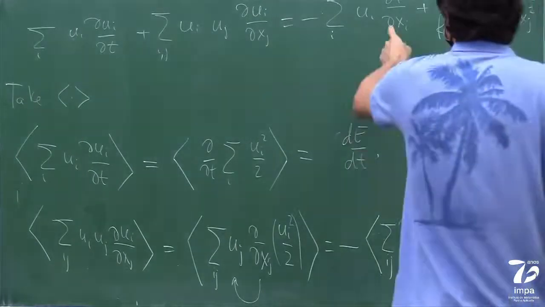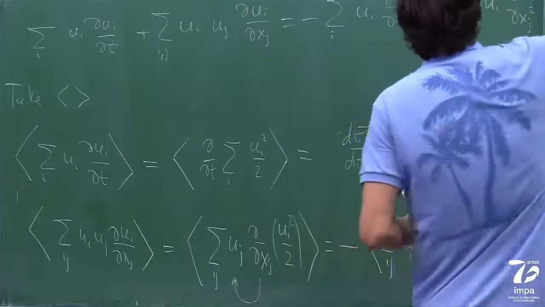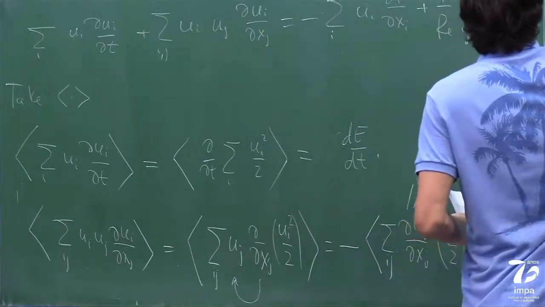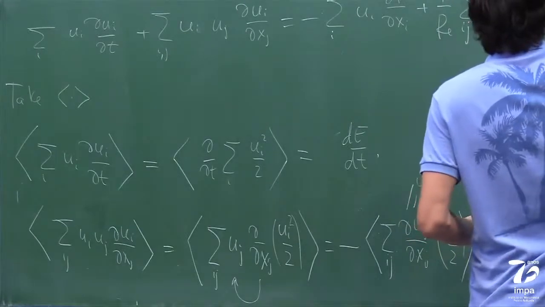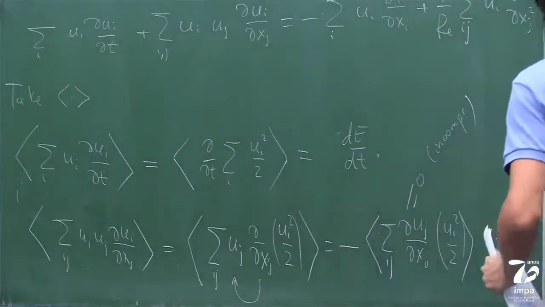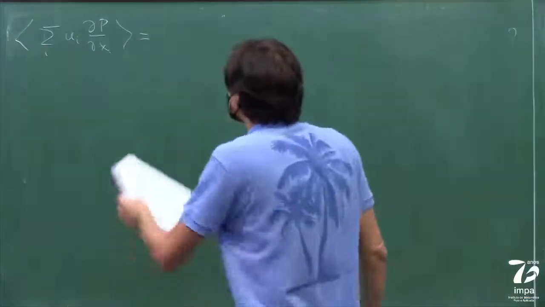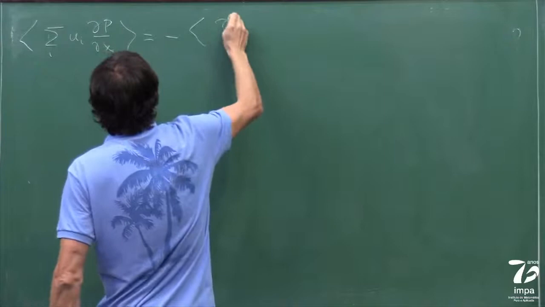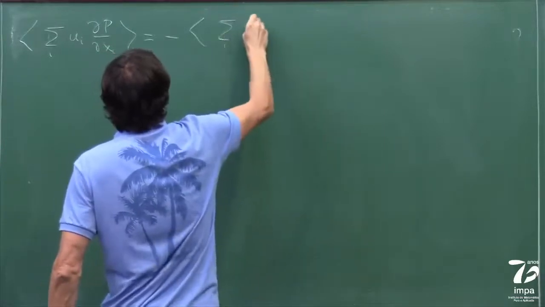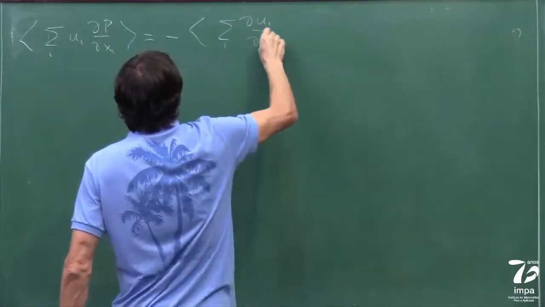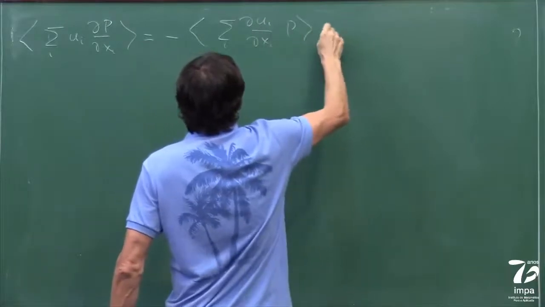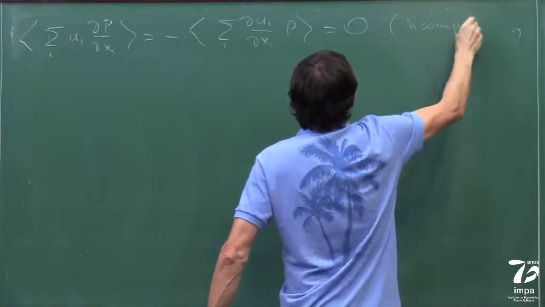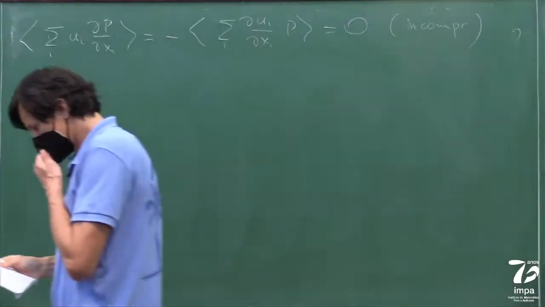So more terms. So this is also 0. Yeah, because you pull the derivative to the other side. Again, incompressibility. So you see, the incompressibility condition helps a lot.